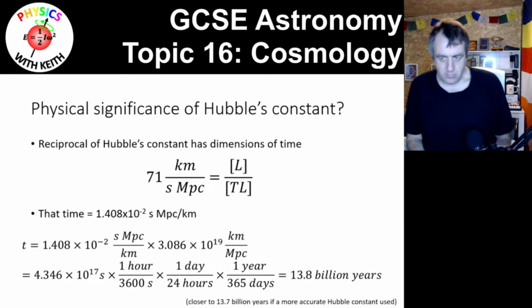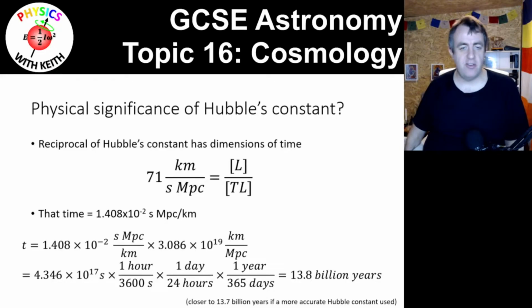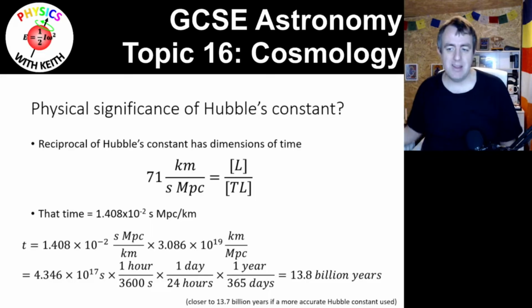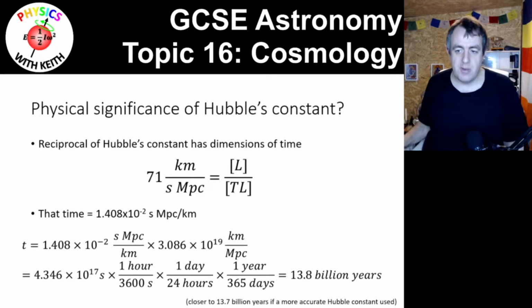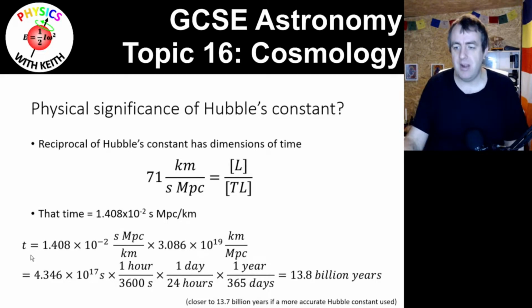Well, let's have a look at the dimensions. A-level students are going to like dimensions. GCSE students might not have seen this before. But where I've got square brackets, I'm putting what type of measurement it is. So kilometres is a unit for a length measurement, and I'm using a capital L for that. Seconds is on the denominator. It's kilometres per second per megaparsec.